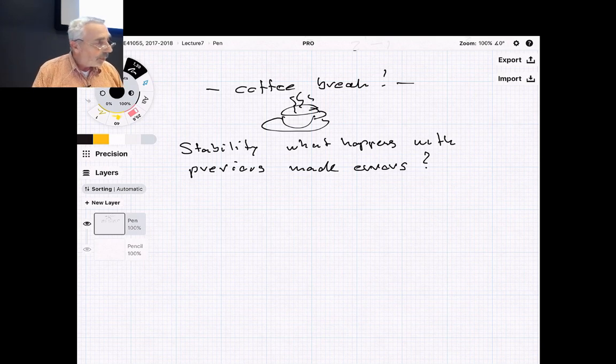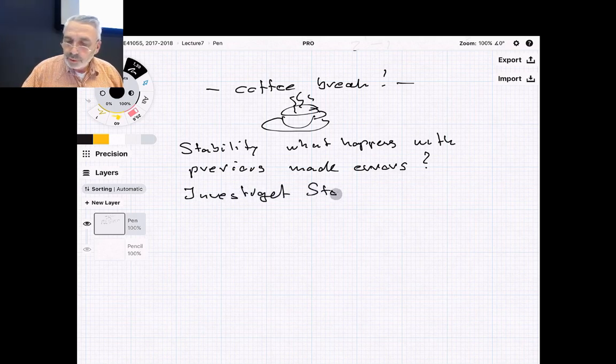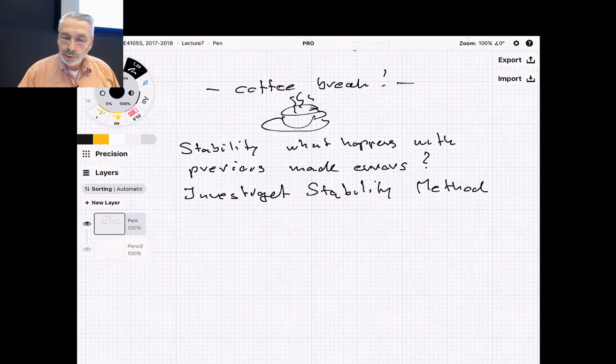So now we're going to investigate the stability of the method, because it's very tied to what type of method we use, by using a very generic differential equation.